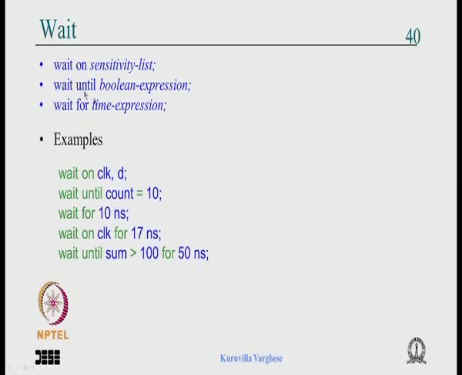As we looked at before, you can say wait on a list of signals, the sensitivity list. You can say wait until some condition is true, or you can say wait for some expression in terms of time, like wait for 10 nanosecond.